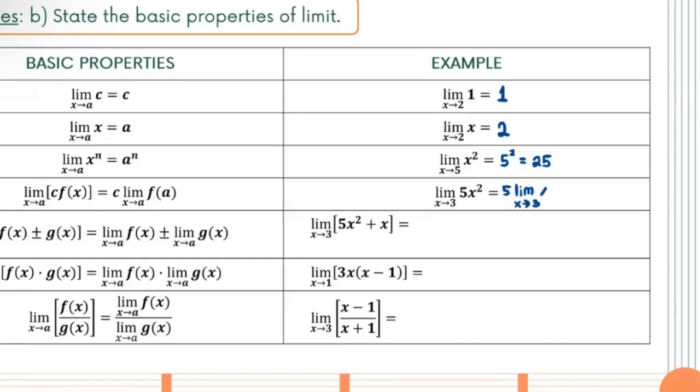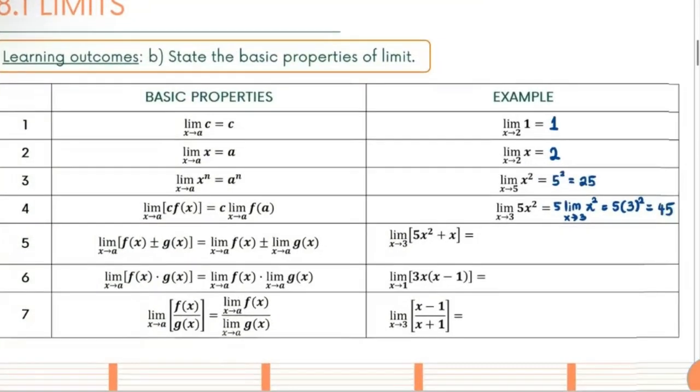Okay, now ini kita boleh apply rules yang atas ini pula. So kita boleh gantikan x dengan 3. So that means 5 we multiply by 3 squared. Okay, so 9 darab 5 dapatlah 45.